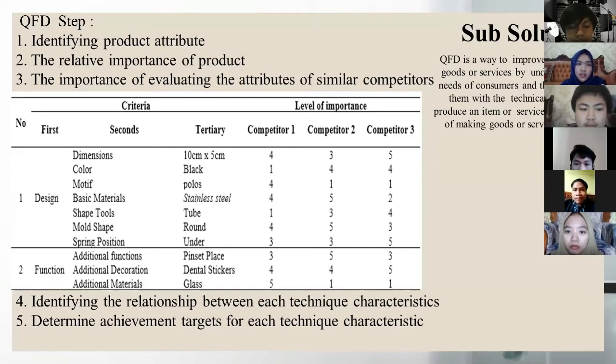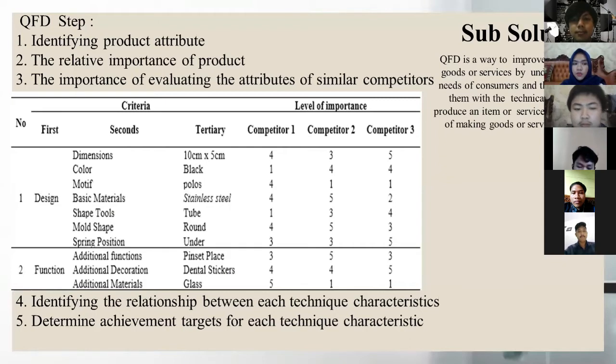Third, evaluating the attributes of similar competitors. On the slide, we can see the table that explains the point level of importance among the three competitors. And then the fourth, identifying the relationship between each technique characteristic. And the last one, determine achievement targets for each technique characteristic.